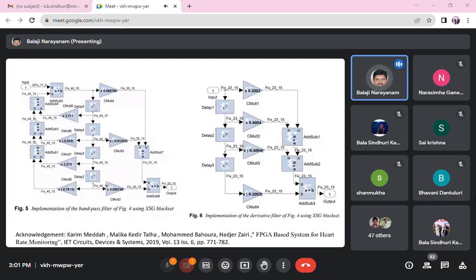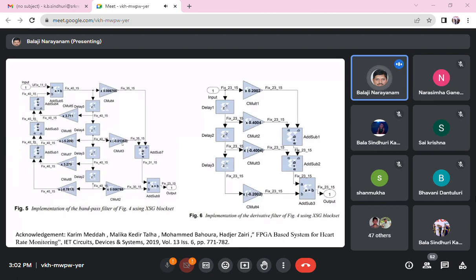Z inverse, what does the Z inverse indicate? It's a delay element. So you yourself can make use of this block diagram level entry, that is the System Generator block set, and you can comfortably implement this.